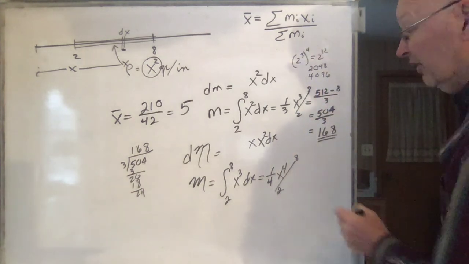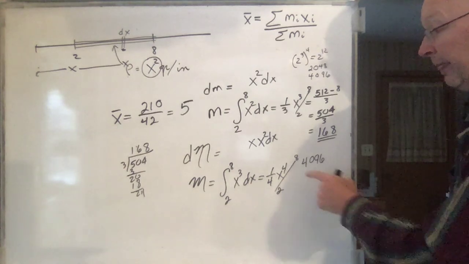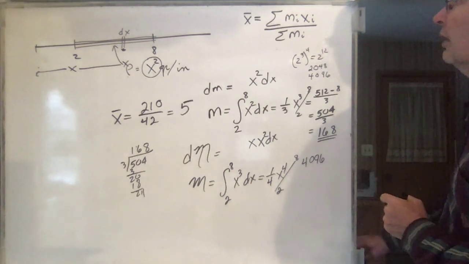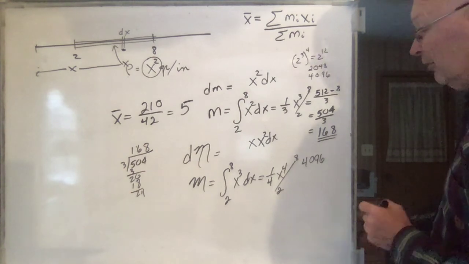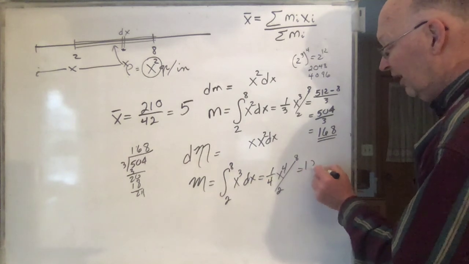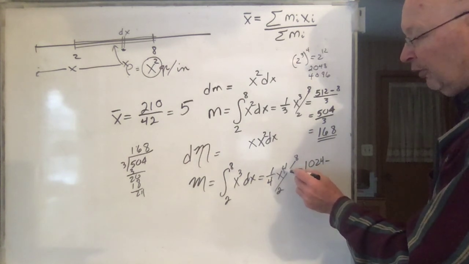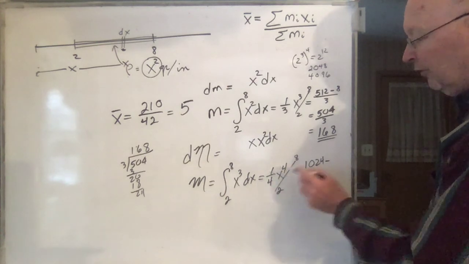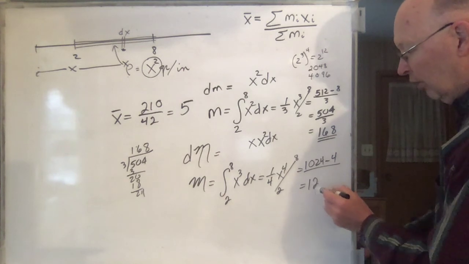So that's going to be 4096 over 4. So that goes back to 1024 again. So it's going to be 1024 minus, if I stick in a 2 here, 2 to the 4th is 16. 16 over 4 is 4. So it's going to be just equal to 1020.